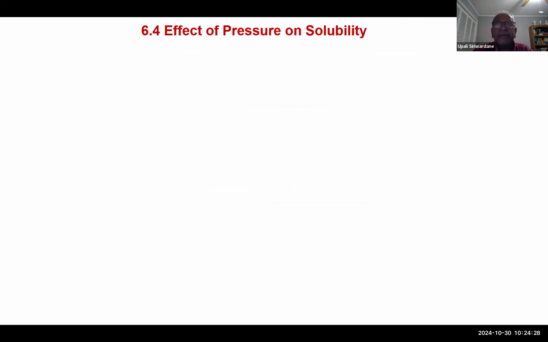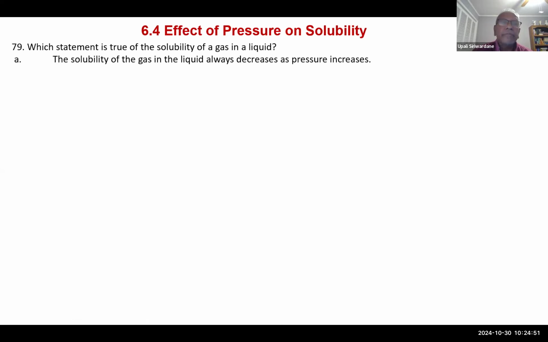Let's look at the effect of pressure on solubility. Some sample questions. Which statement is true of the solubility of a gas in a liquid?